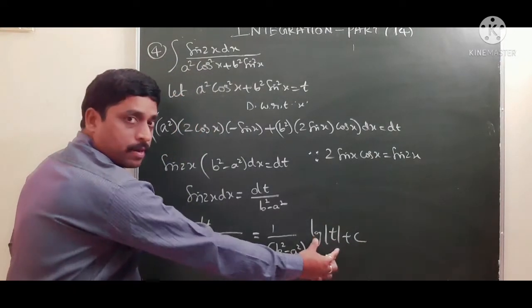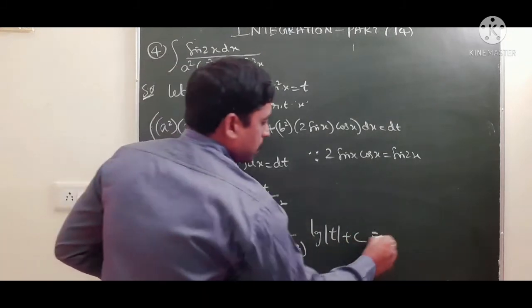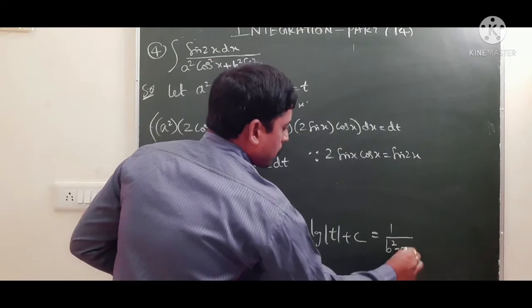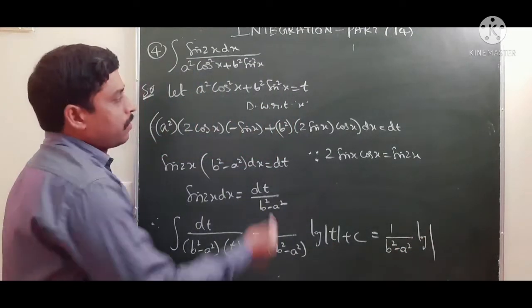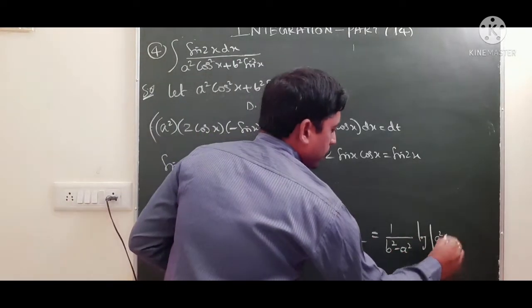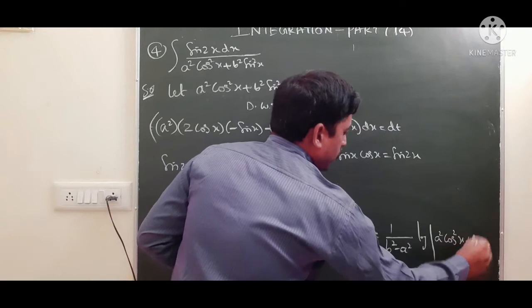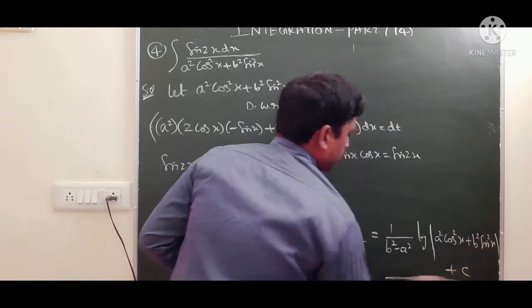Because the derivative of log t is 1 by t. This is equal to 1 by b square minus a square log of, in place of t, we should write this value, a square cos square x plus b square sin square x. This is the final answer.